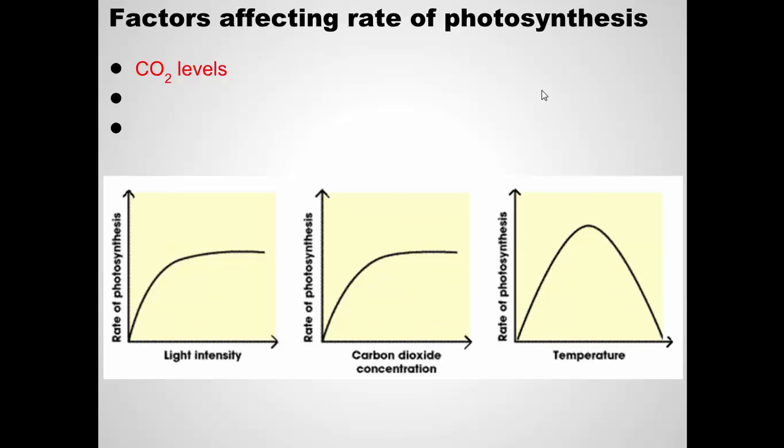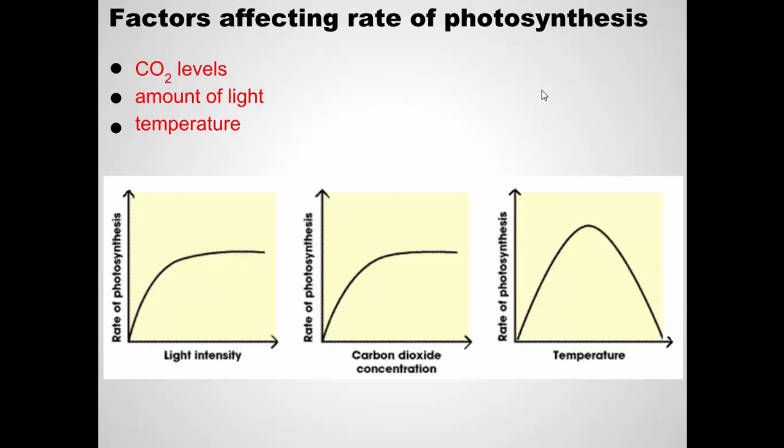Carbon dioxide is required. How much light there is. Obviously, the light-dependent reactions require light. So the amount of light will impact the rate of photosynthesis. And also temperature is important. As temperature increases, chemical reactions generally take place more quickly, within reason. And so increasing temperature leads to greater photosynthesis.